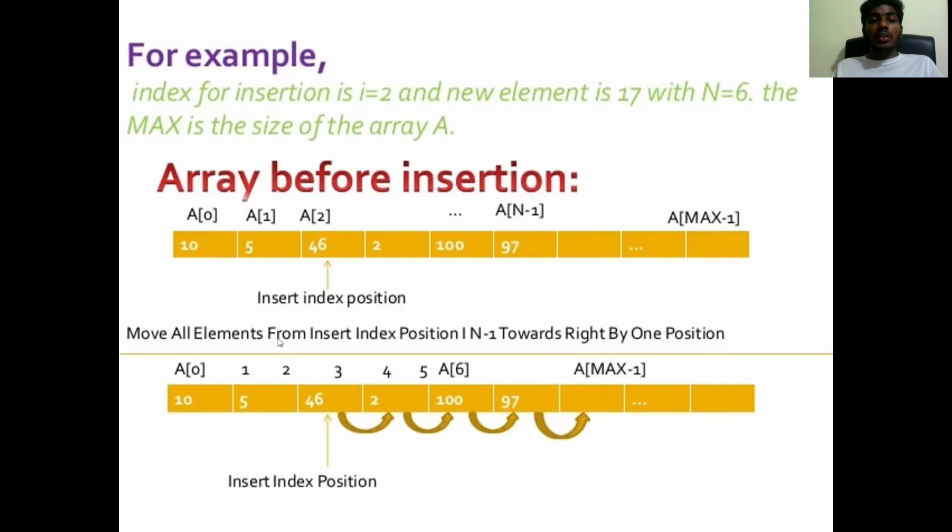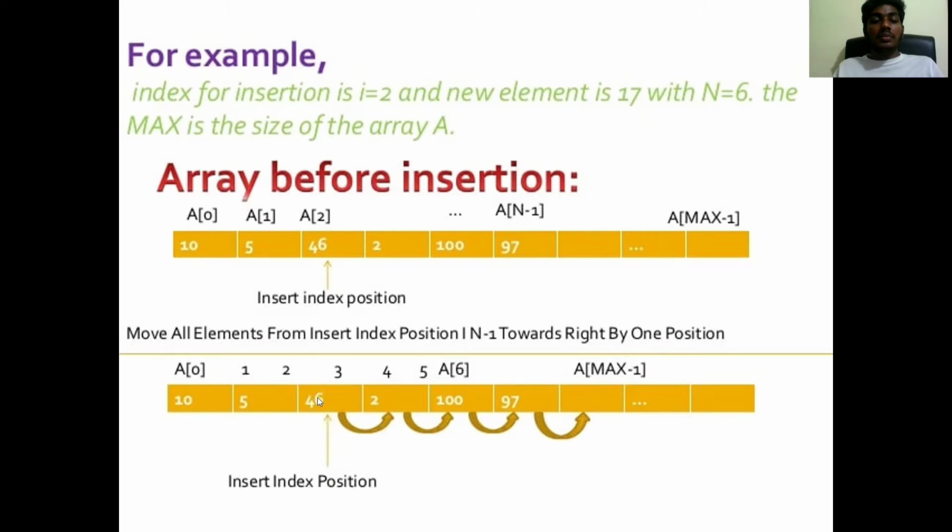Next, move all elements from the insert position I to n minus 1 towards the right by one position. Here we should forward all of these: second to third, third to fourth, fourth to fifth.